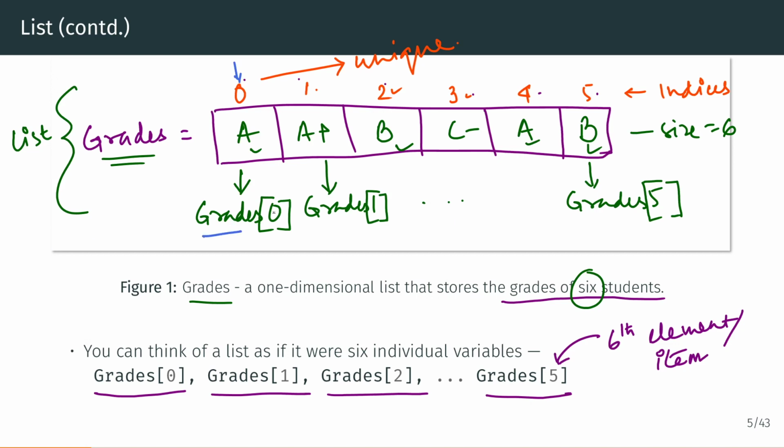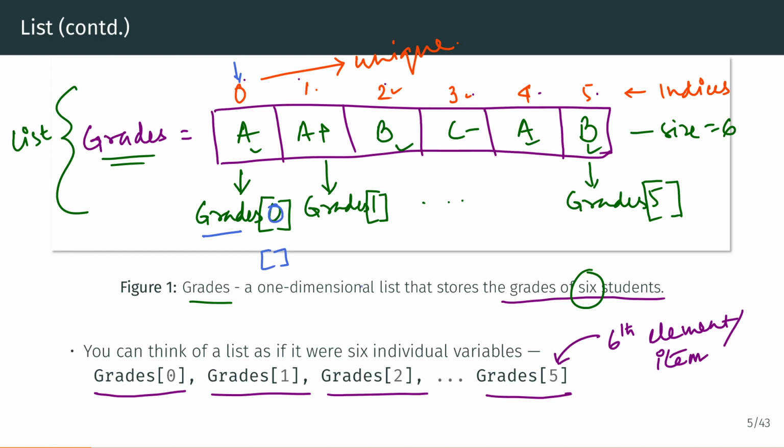So it would be grades and then the index within square brackets. The item in the second position can be accessed by the index 1. So the way you access this variable is grades, then a square bracket, then the index, which is 1 for the second element. So that's how you visualize a list.